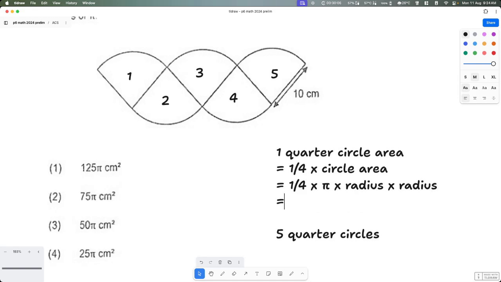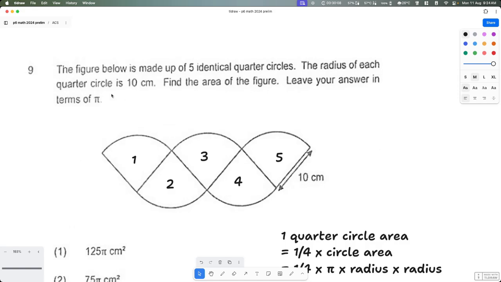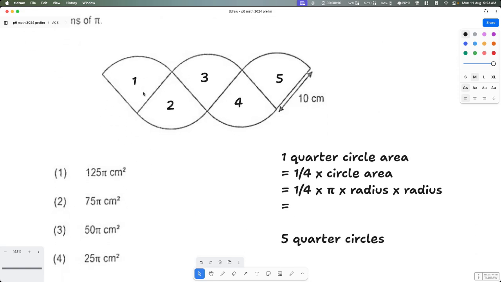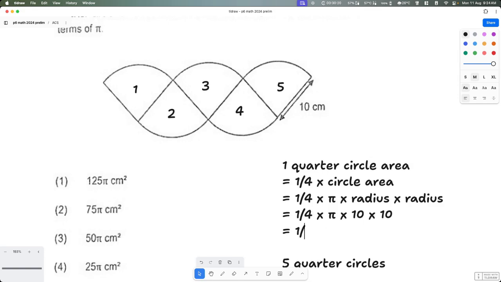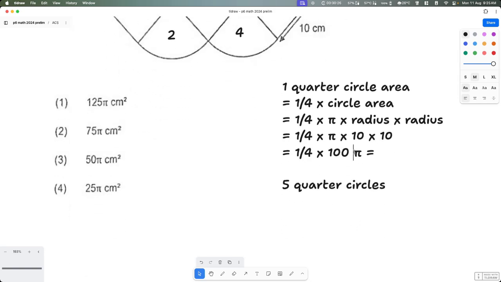So what's the radius to this? We know the quarter circle radius is 10 centimeters. So 1/4 times pi times 10 times 10. This will give us 1/4 times 100 pi, and if you remember how to do 100 divided by 4, it's 25 pi.